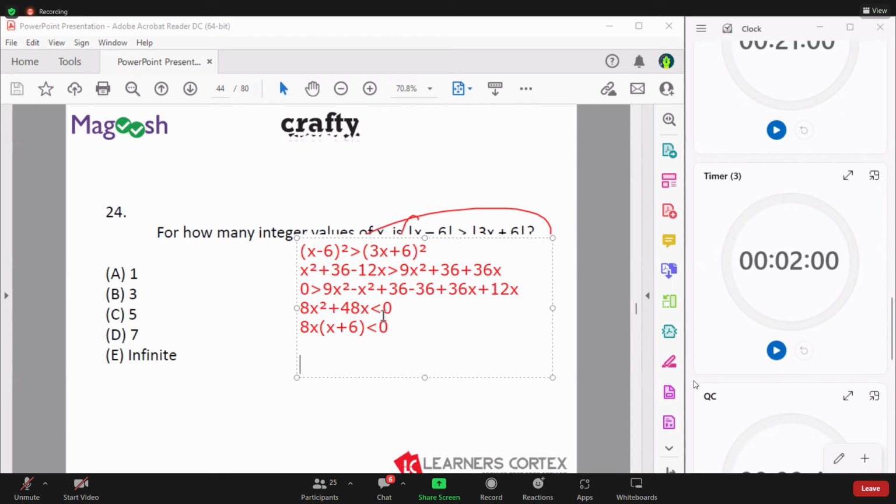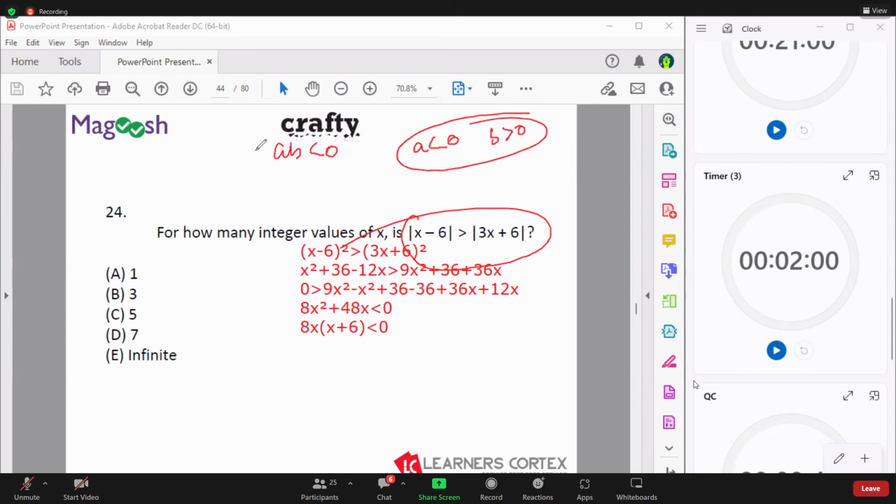We discussed that when AB would be less than 0, then A has to be less than 0 and B has to be greater than 0. Similarly, A will be greater than 0 and B will be less than 0. There are two possibilities. When A is greater than 0, then B has to be smaller than 0. And if A is less than 0, then B will have to be greater than 0. These are the two possibilities.